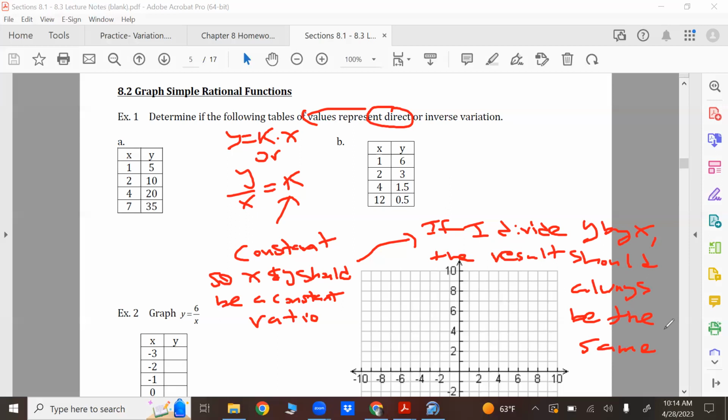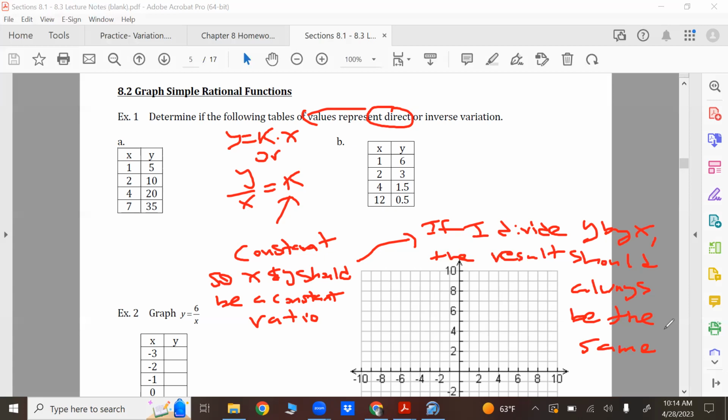So direct is y equals k times x, or y over x equals k, move x to the other side, right? K is a constant. Since k is a constant, that means y over x is a constant ratio. Because that's a ratio, right? Ratios we divide, right? Or in more layman's terms, if you divide y by x, or x by y, it doesn't matter if you do the other way around. But it should always be the same.